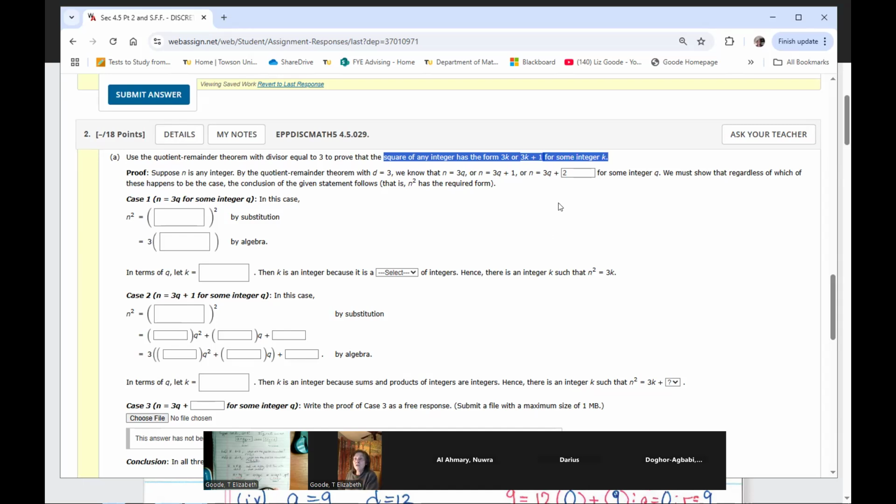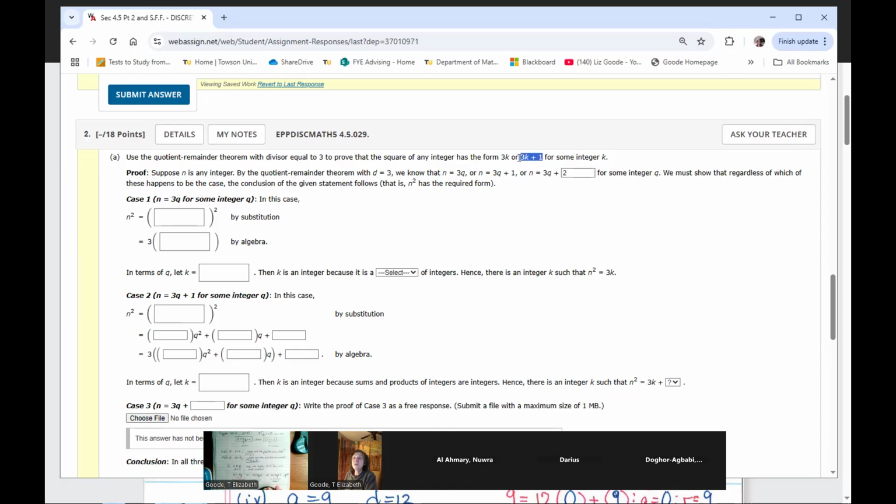Now, what just happened, I think, was you were experiencing one of the most common misconceptions that students have. You were looking at the conclusion, and in the conclusion, it's talking about the square of the integer looking like 3k or 3k plus 1, right?